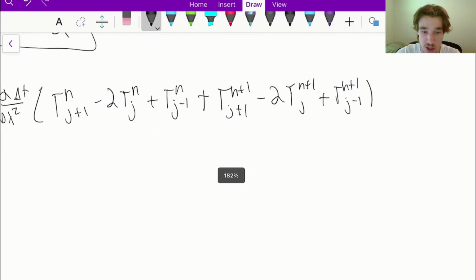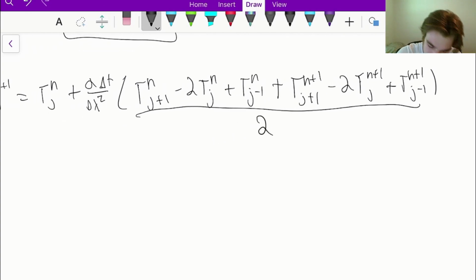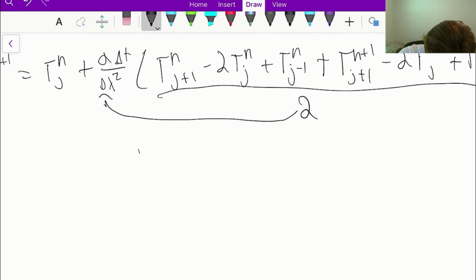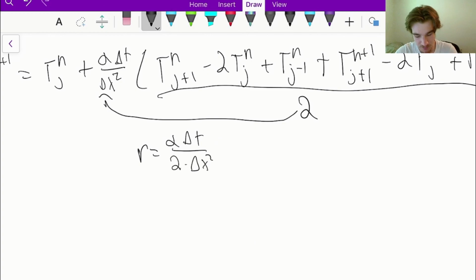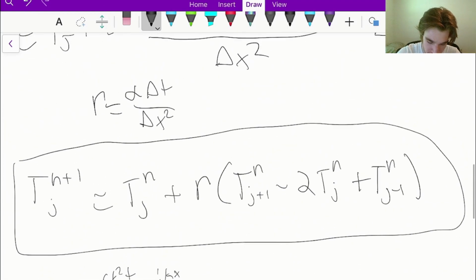And the average, we just divide this by 2, and this is where a new value for r comes in, because this 2 is actually going to be moved over there because it is a constant in this case. So we just say r is now equal to alpha times delta t over 2 times delta x squared. Alrighty, so basically we just added a 2 on the bottom that came from the average right there, right?